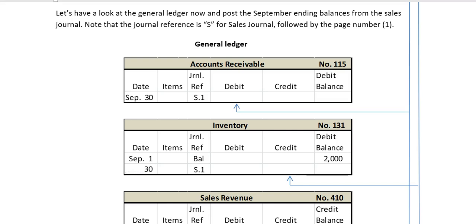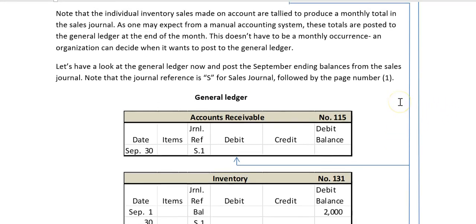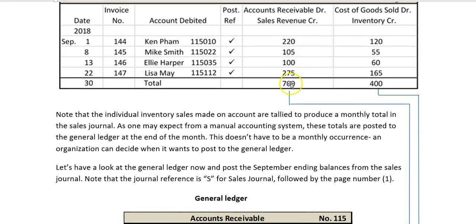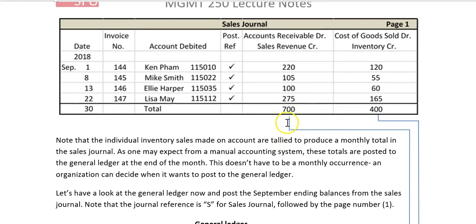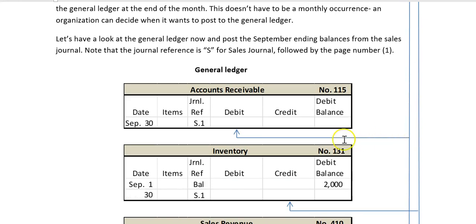So at the end of the business day on September 30th, we will take our debit and credit balances from the sales journal and post them into the general ledger under the correct account and box where they belong. You can follow the arrows here, right? For example, for accounts receivable, you see the arrow coming up from here. So the total is 700. You just follow the arrow and fill in 700.